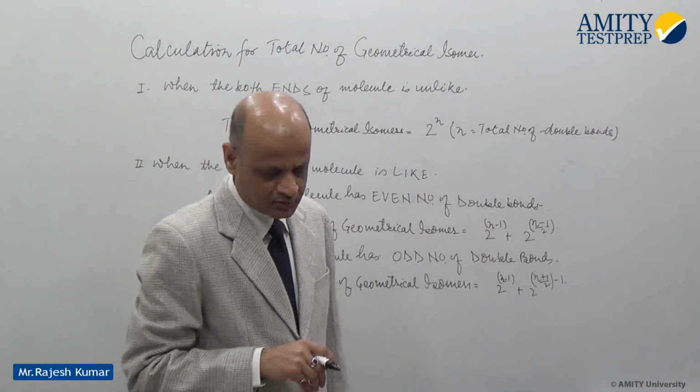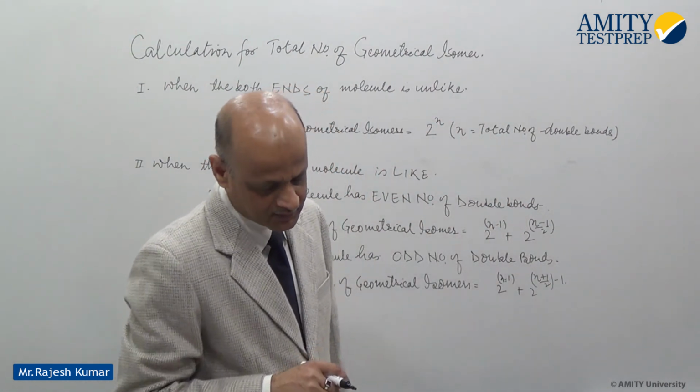So this is the total number of geometrical isomers formed by the molecule.